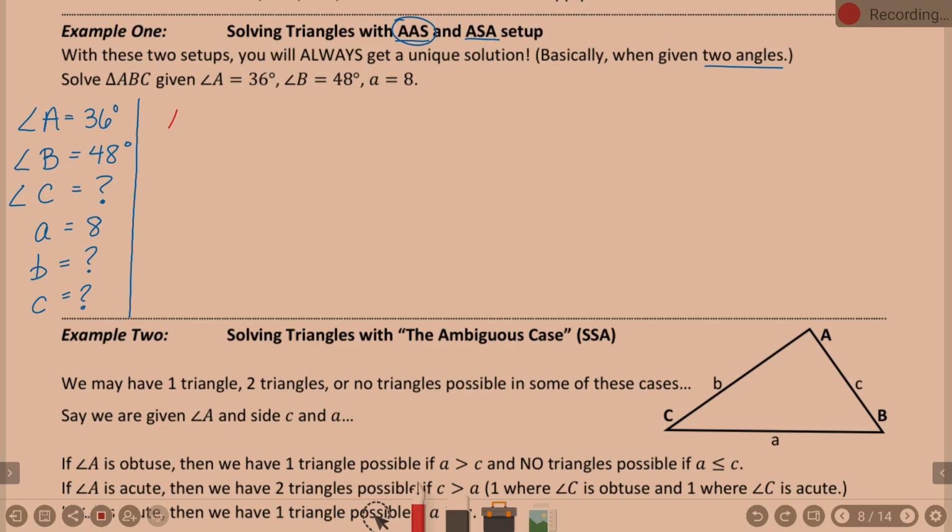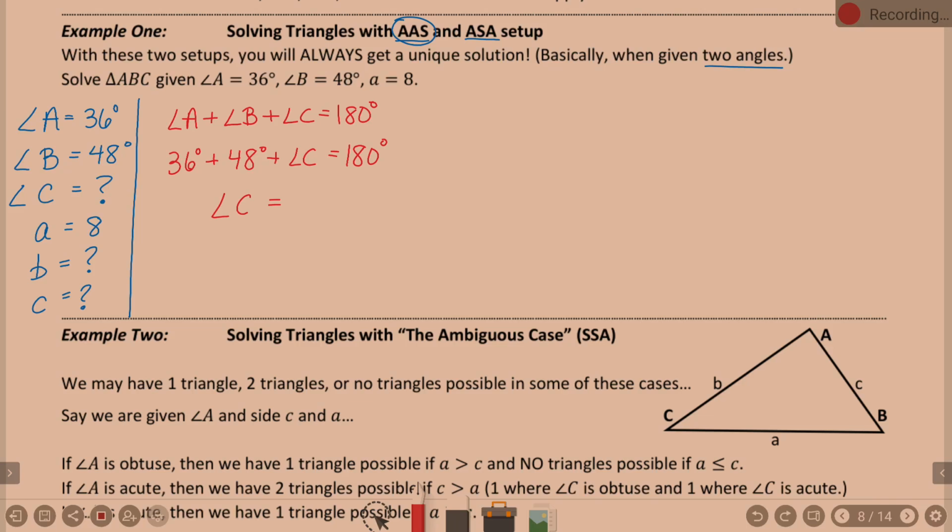I'm going to write this out as angle A plus angle B plus angle C equals 180 degrees, or in other words, 36 degrees plus 48 degrees plus angle C equals 180 degrees. I'm not going to show any work because you guys already did it on the calculator.